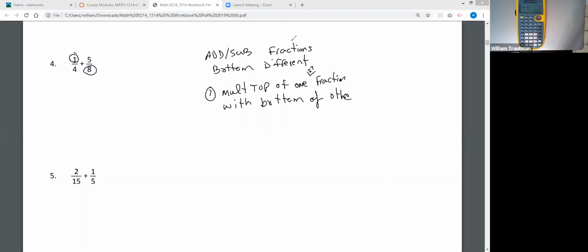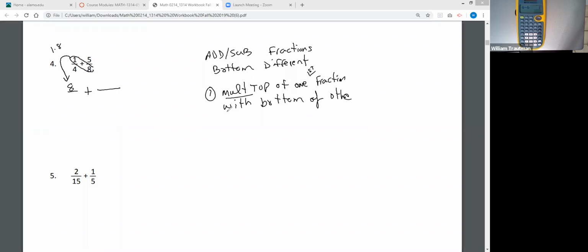So I'm going to multiply those two together. Watch what I do. I'm going to write two new fractions, and I'm going to put it right here. 1 times 8, even though it says plus, it says multiply. 1 times 8 is 8, the top of the new fraction.